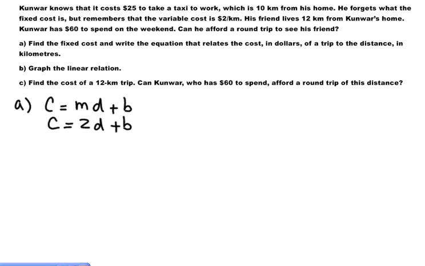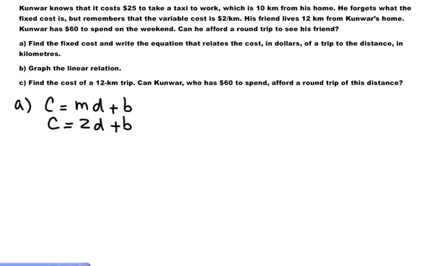Now, to find b, which is the fixed cost or y-intercept, or in this case really the c-intercept, we need an additional point. The point that we have is that it costs him $25 to go to work, which is 10 kilometers.